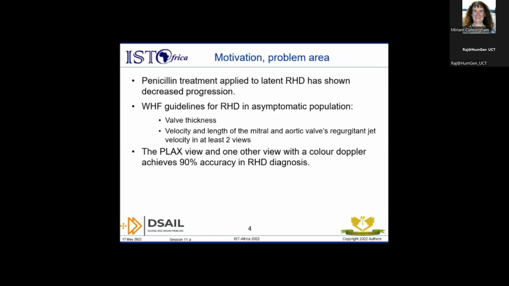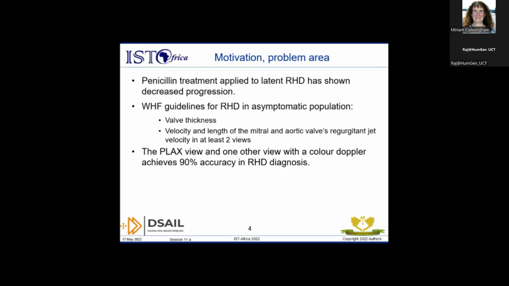Studies have shown that when penicillin treatment is given to latent RHD, we have decreased progression. And latent RHD refers to a case where the individual is asymptomatic, but they've undergone an echocardiogram, and it shows that they have rheumatic heart disease, but they have no history of acute rheumatic fever.